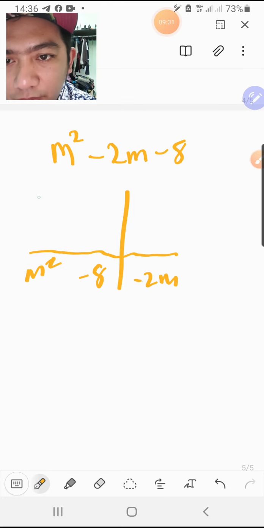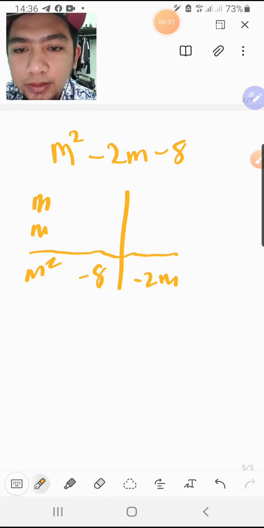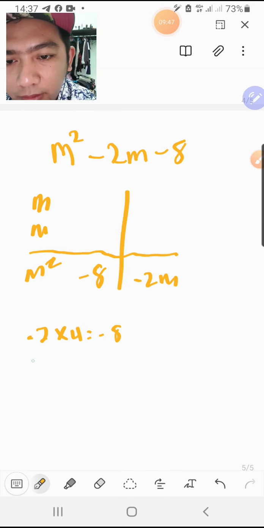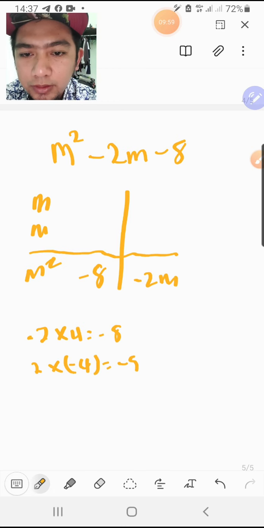So here for sure m times m, so you will get m squared. Here you can try and error how to get negative 8. Maybe negative 2 times 4, you will get negative 8. Maybe 2 times negative 4, also you will get negative 8. Is there any other number? No, right?